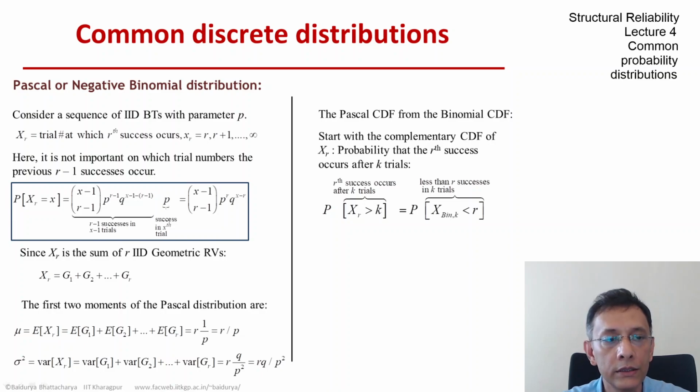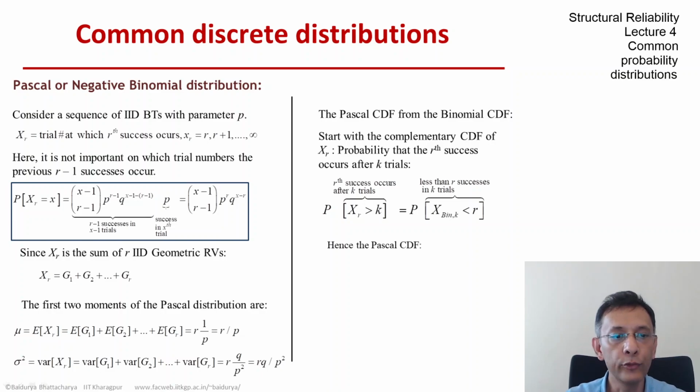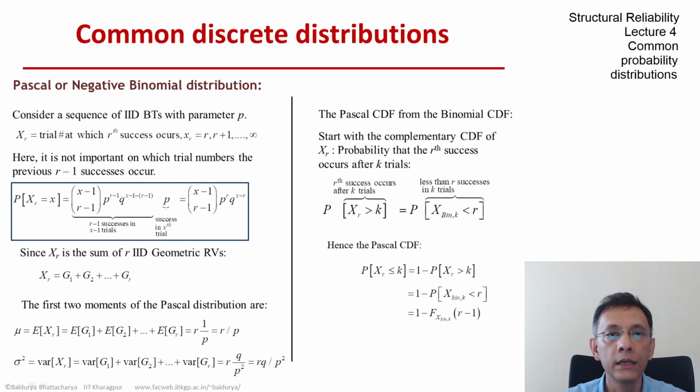Those are equivalent statements. And if we do the algebra, we arrive at the Pascal CDF in terms of the complementary binomial CDF evaluated at r minus 1.